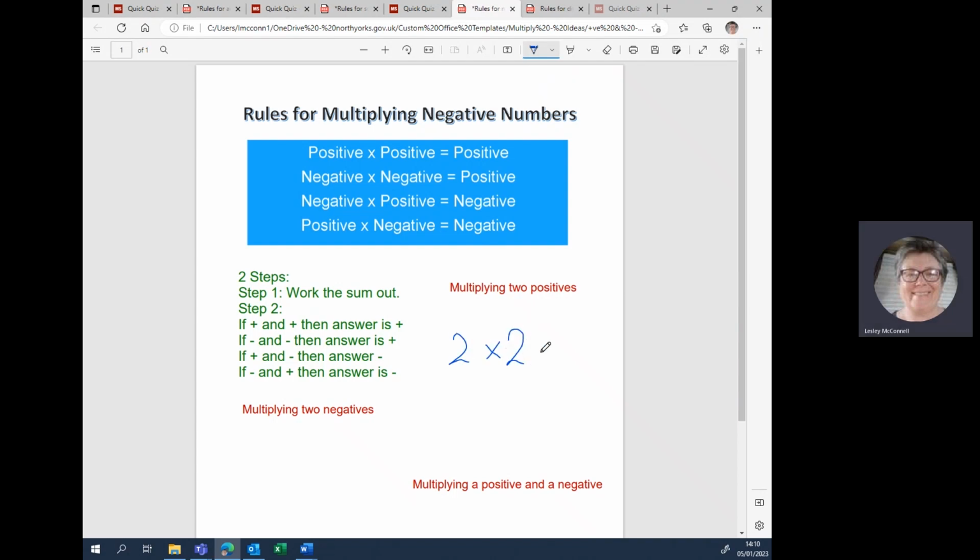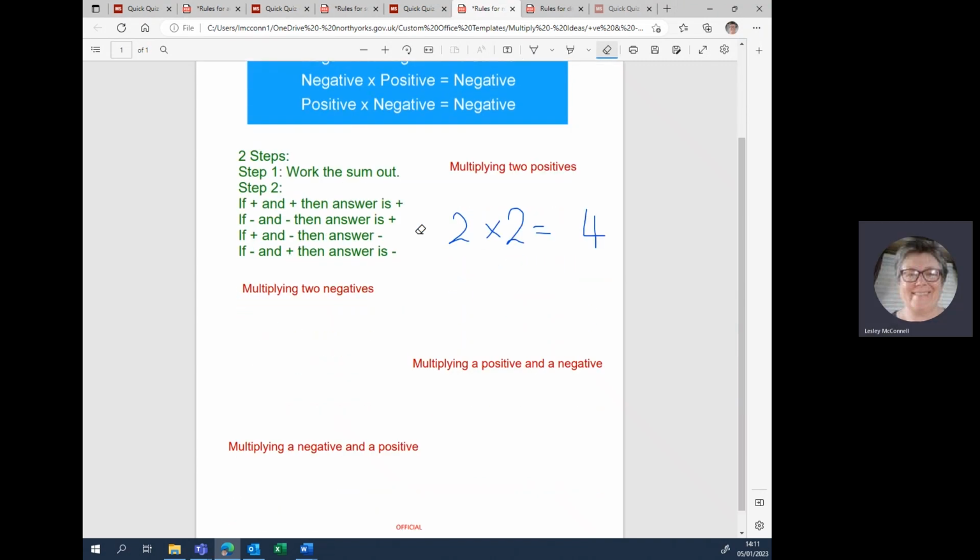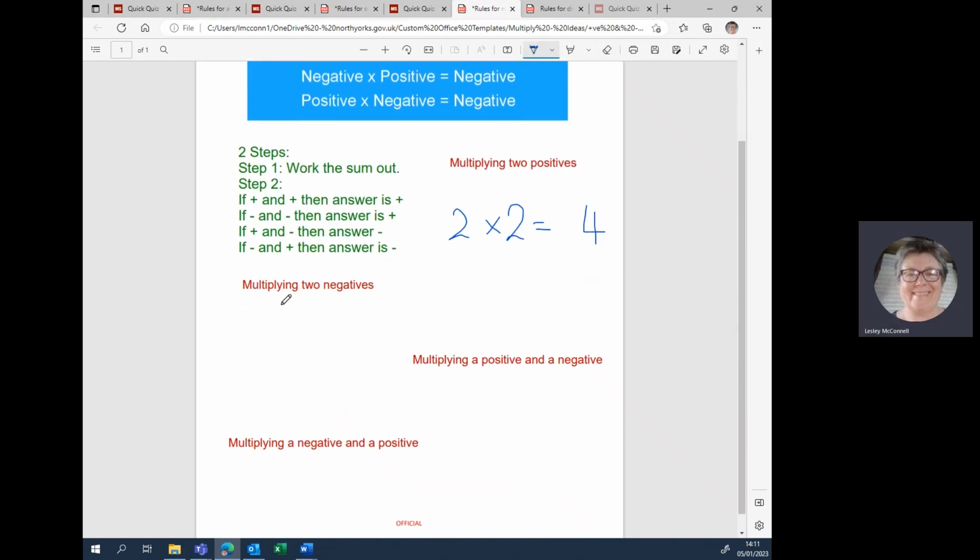2 positives equals 2 times 2. A +2 and a +2 make a plus. So we've got a plus answer. 2 times 2 is 4. Okay, don't need to put that plus in there really. Just need to leave it as it is. So the next one we're going to look at is multiplying two negatives.